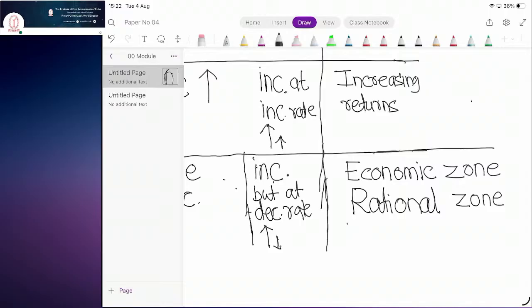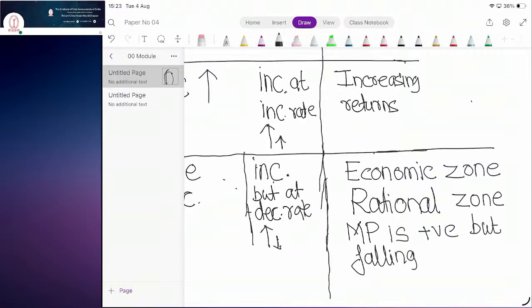Here just write this: marginal product is positive but falling.